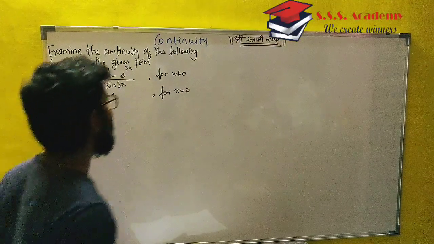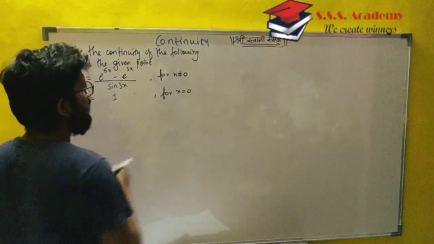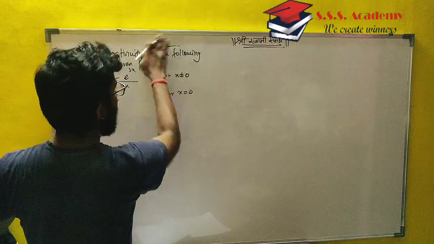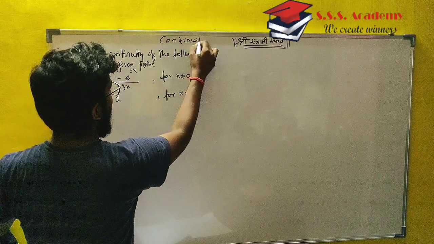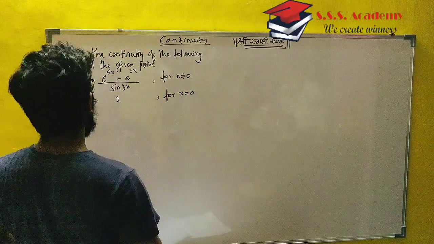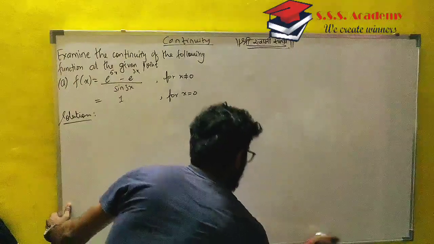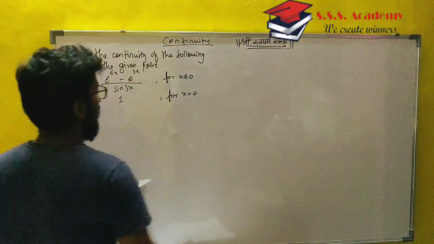Okay friends, now let's try to understand continuity with the help of an example. The first question they have given is: examine the continuity of the following function at the given point.